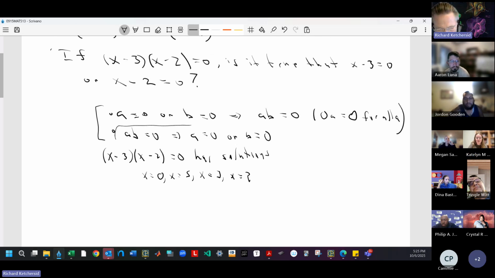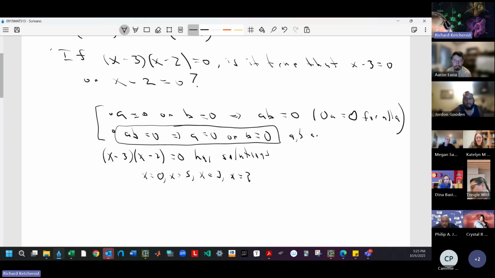It says that A and B are not zero divisors. Because what does it mean to be a zero divisor? It means that you have some non-zero things so that A times B equals 0, right?